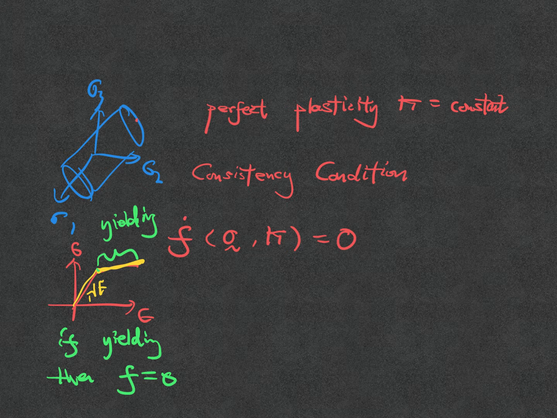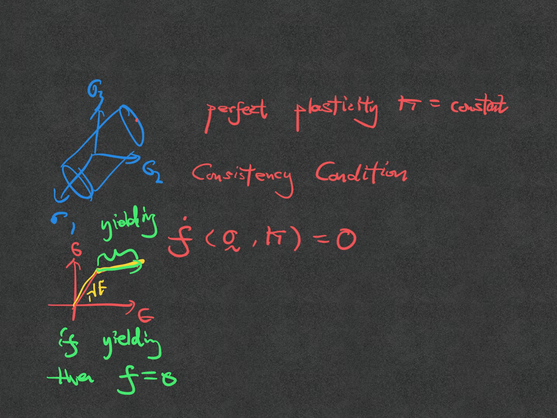Okay, now if I continue loading the material from here to here, that means during that entire cycle, f has to be equal to 0, right? If suddenly f becomes greater than 0, then the stress is not admissible, it's not real, because it's outside of the admissible range. Now, if f suddenly becomes smaller than 0, that also doesn't make sense, because I'm loading the material all the way until it yields, and all of a sudden it becomes elastic again.